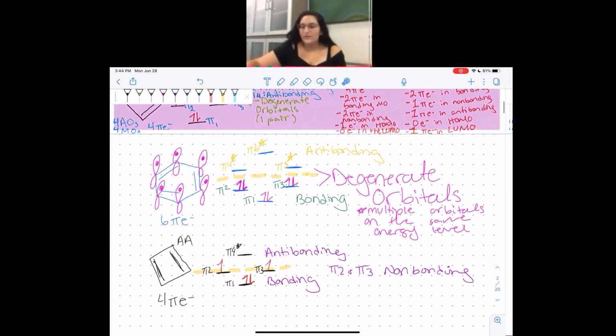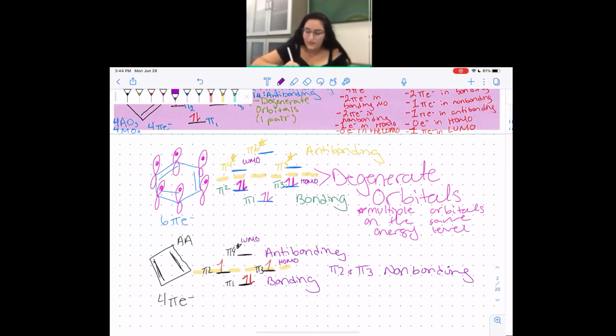So for HOMO and LUMO, it's pretty much the same. So in the benzene one, pi 3 is the highest numbered orbital that has electrons. So that would be the HOMO. And pi 4 will be the LUMO. For here, it's a little bit more confusing, but the HOMO would be pi 3 again.